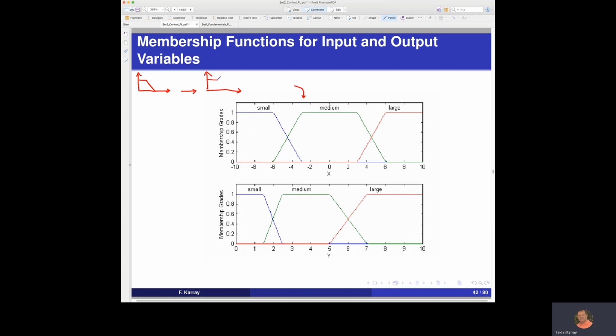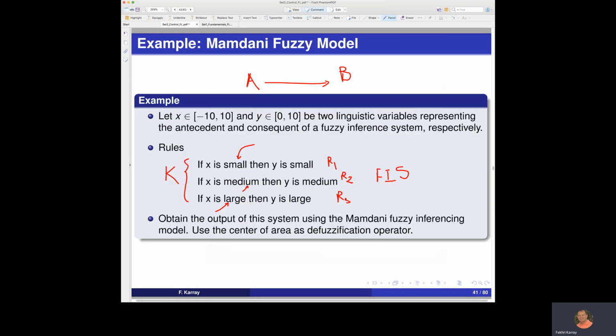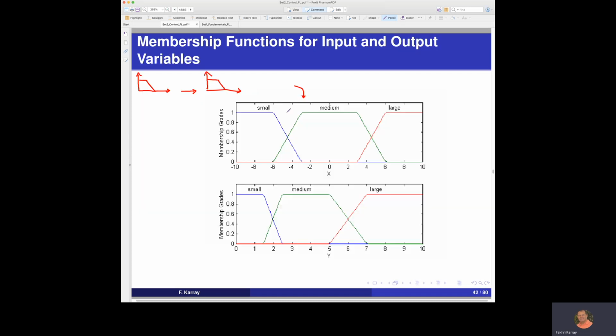Okay, so then y is small. Remember that x and y, as you can see, are over two different universes of discourse. Remember, this is the antecedent, this is the consequent.